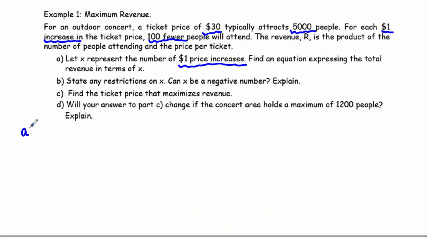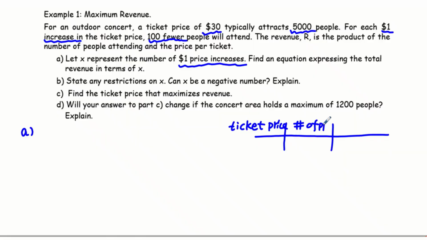So question A. x is a $1 increase, so we know that the revenue is the ticket price times the number of people attending.